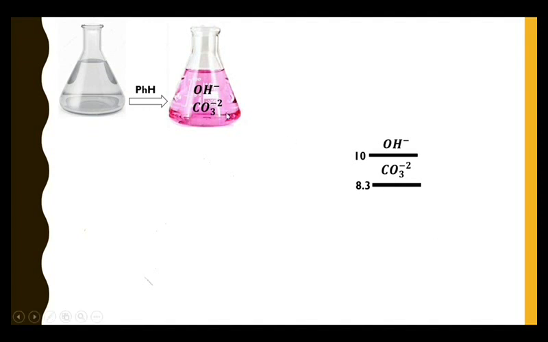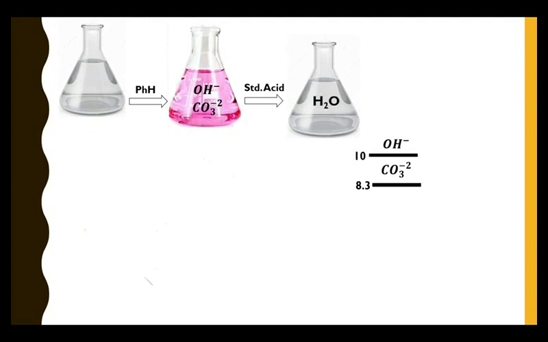Now this solution is titrated against a strong acid till it becomes colorless. During this titration, this OH⁻ is completely neutralized to H2O and this carbonate is neutralized to bicarbonate.